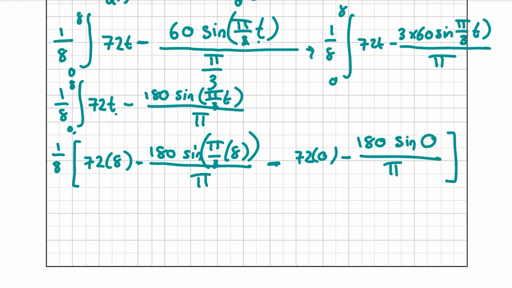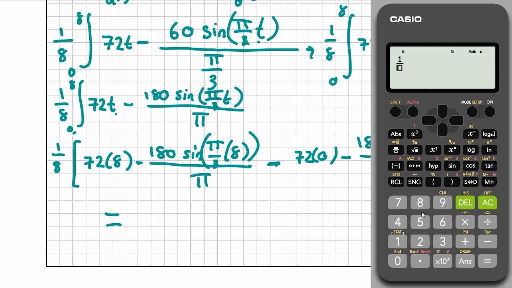Now let's pop this into the calculator and see what we end up with. So we have 1/8 on the outside. Now I'm going to put in another bracket there.